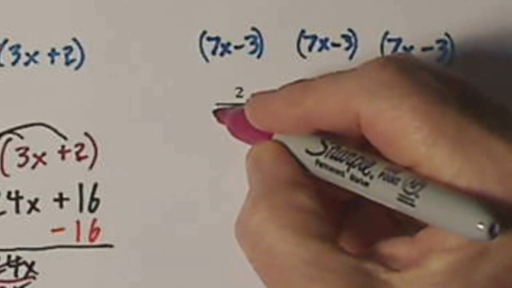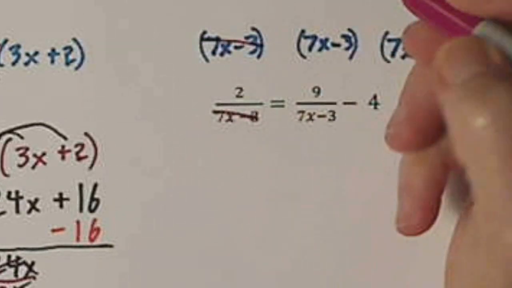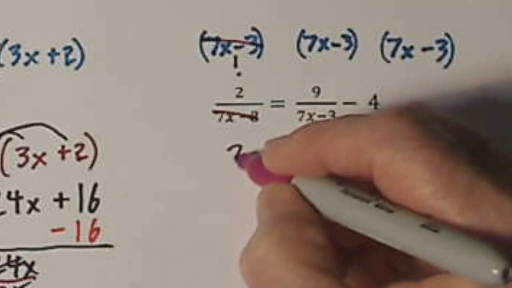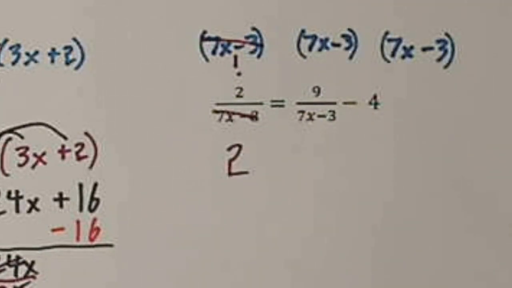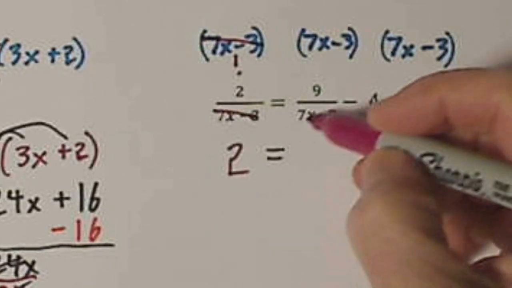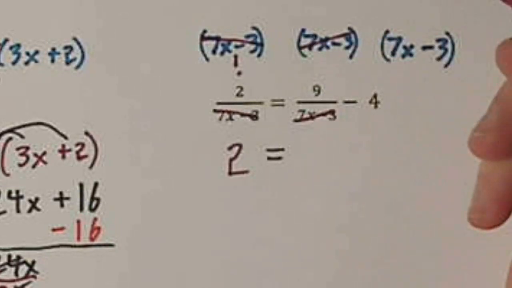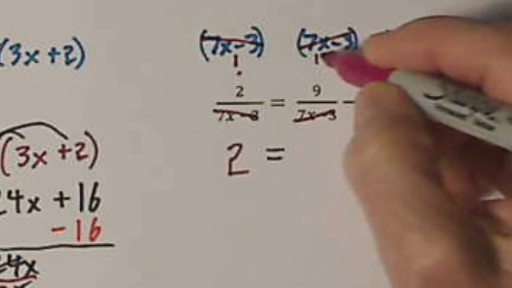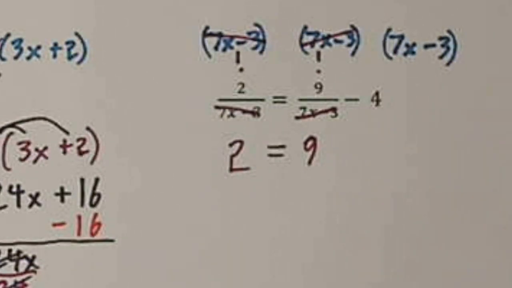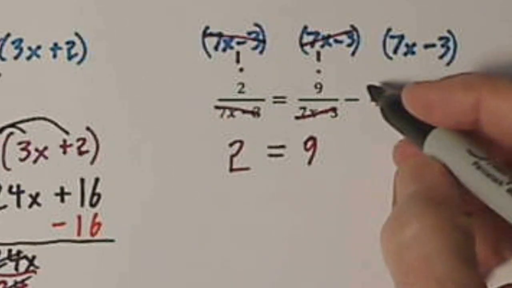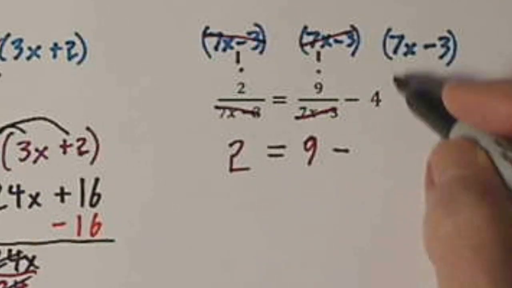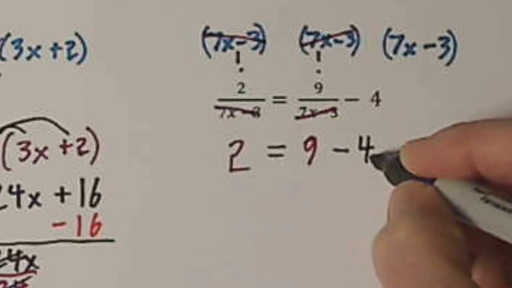Well, things clean up quickly here. 7x minus 3 goes into 7x minus 3, so it's just 1 times 2. Bring down our equal sign. 7x minus 3 goes into 7x minus 3 1 time, so it's 1 times 9. And we'll bring down the negative. Notice nothing cancels here, so we actually have to bring down the negative 4.